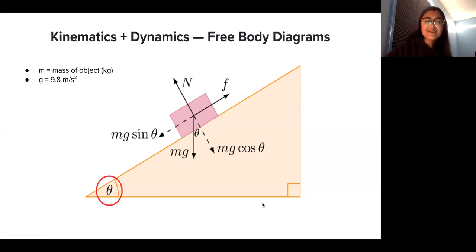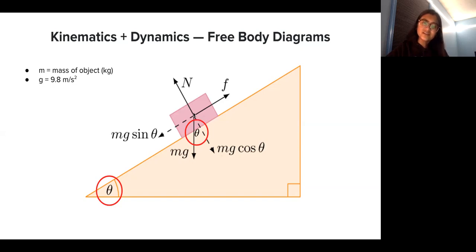So okay, if you're given this angle here of what the slope is, it's useful to know that that angle will be the same here. Your gravitational force is always going to be completely vertically down, but then it can be split up into different components along the axes of the slope itself, or the ramp.